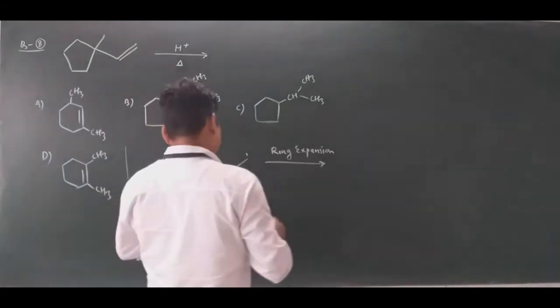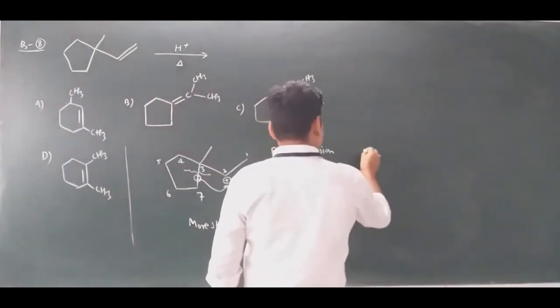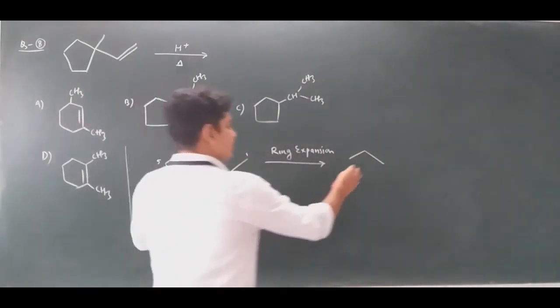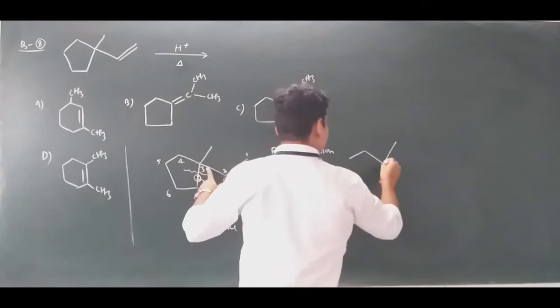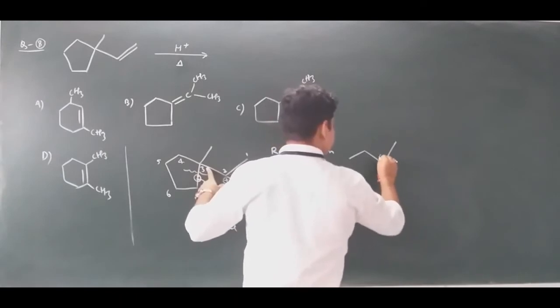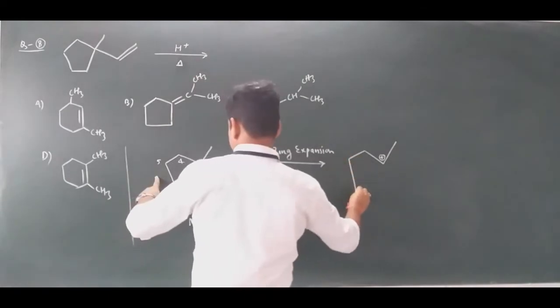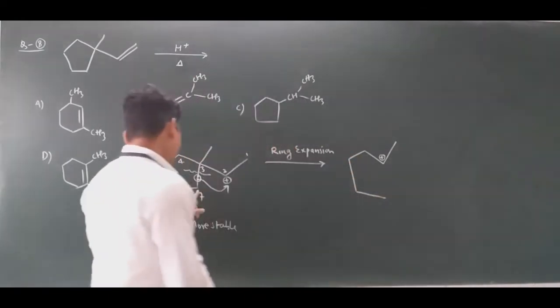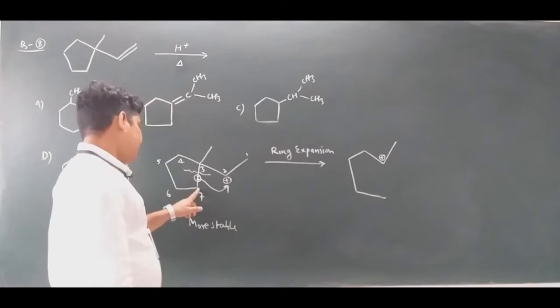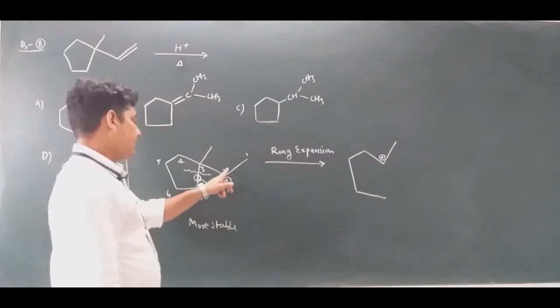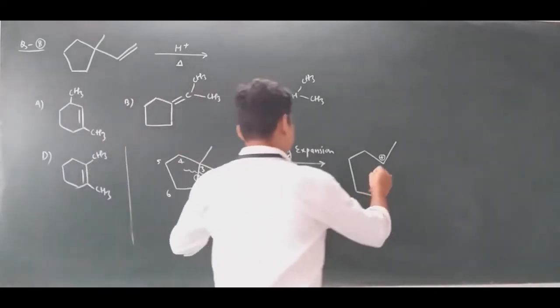So a kind of ring expansion is there. See here, this is carbon number 3, which contains a methyl group, and here there is a plus charge. And there is a linkage between carbon atom number 7 and carbon atom number 2. See here.